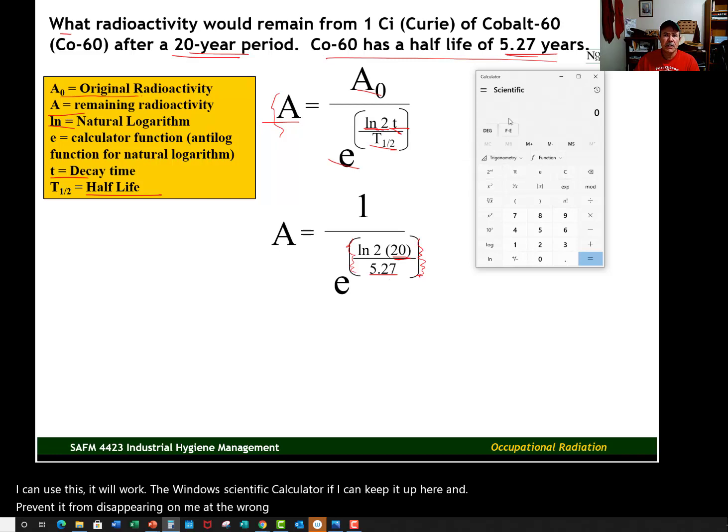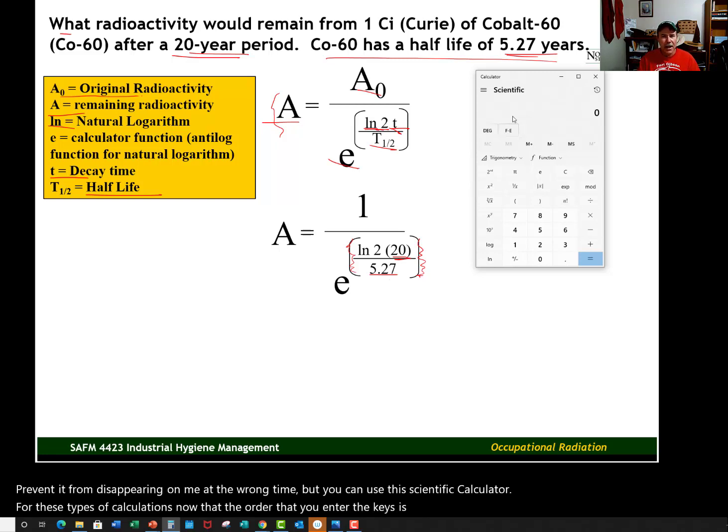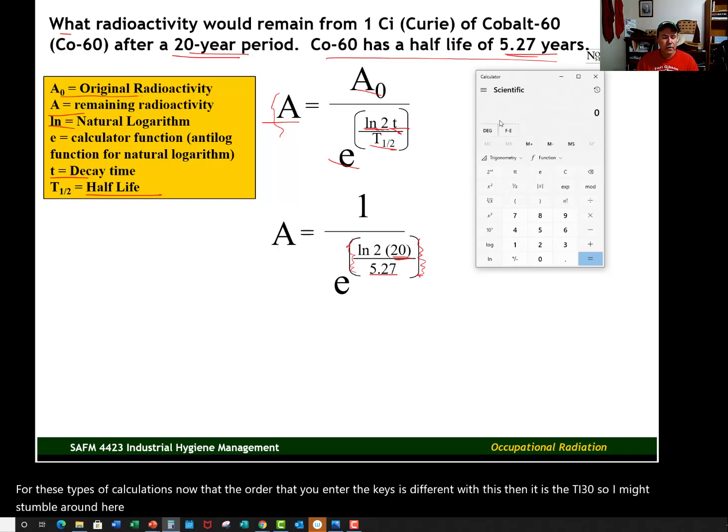You can use this scientific calculator for these types of calculations. The order that you enter the keys is different with this than it is on the TI-30, so I might stumble around here until I get the proper order of punching in the keys. But let's go ahead and talk about this term and get that mathematical operation done.